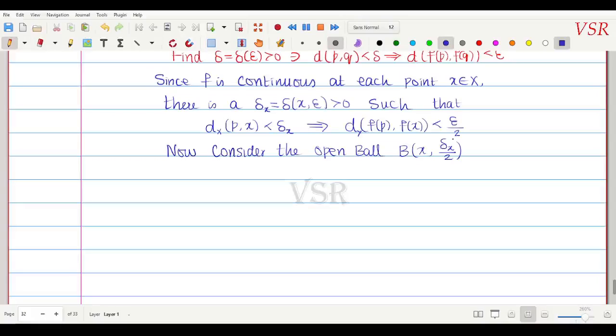Look, if an x is given and f is continuous at that point, then a corresponding delta x is obtained. That delta x is positive, and dividing it by two it is still positive. So this is the ball with center x and radius delta x by 2. We can define this as the set of all p belonging to capital X such that the distance between p and x is less than delta x by 2. Okay, it is an open ball.